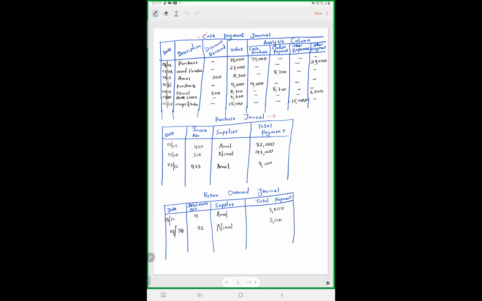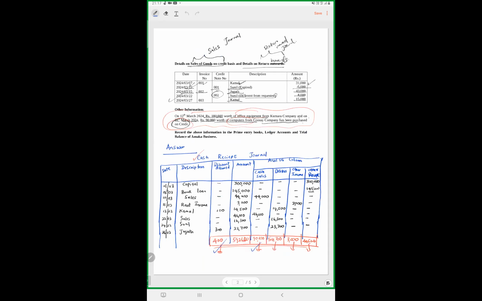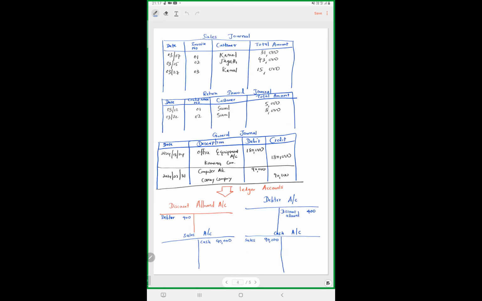The next one, we are receiving the money from debtors. Therefore, we have the debtor accounts as well as the cash account. The debtor accounts credit as cash. How much are we receiving? 54,700.